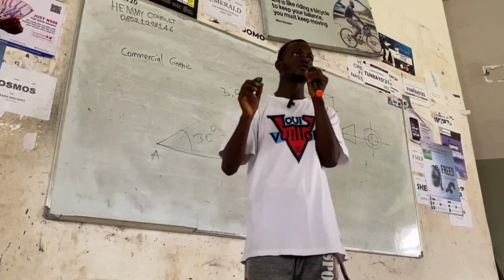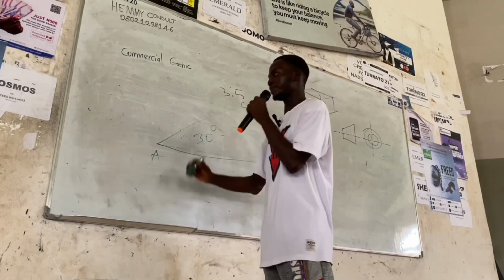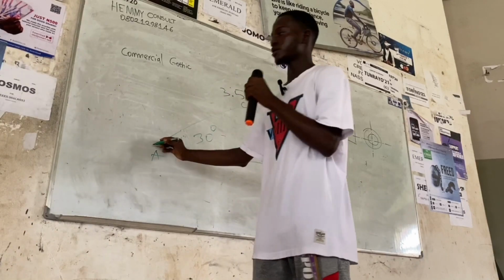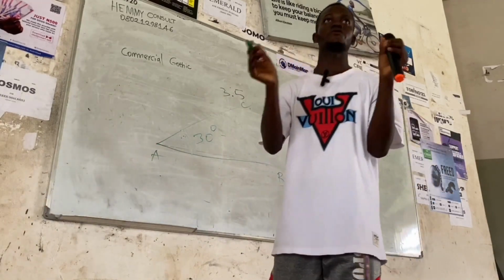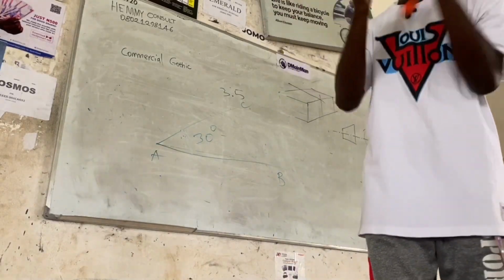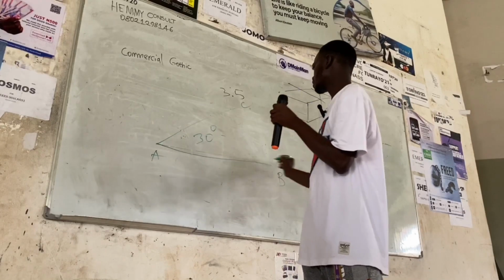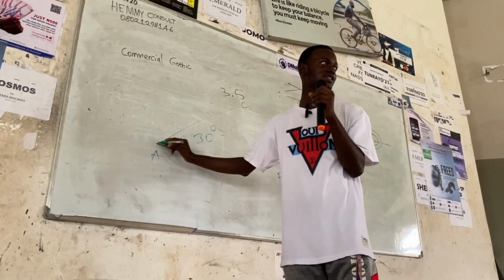So what you are going to do is that you place your compass at point A, at any convenient, arbitrary radius of yours. You strike an arc to intersect line AC and line AB, with A as the center.